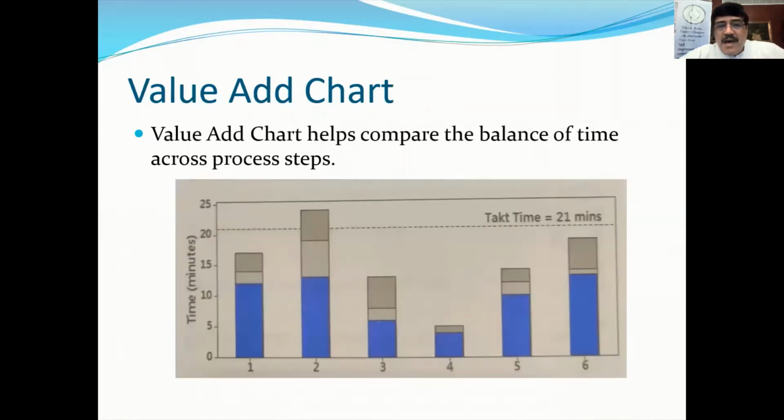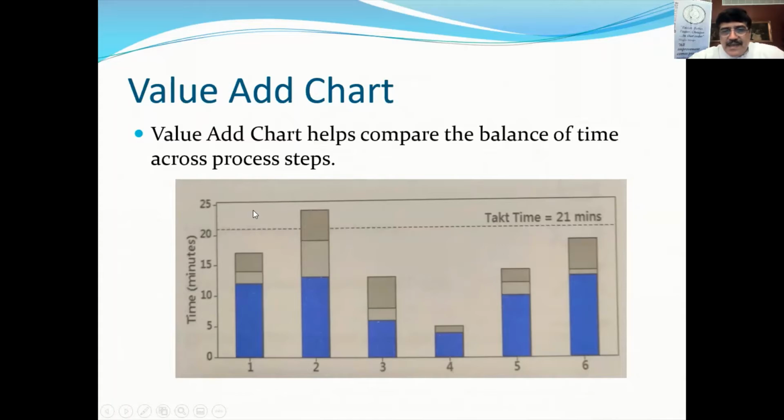There is the value add chart. A value add chart basically helps you compare the balance of time across processes. Let's say you have this process with these steps, and this step is being handled by me, this by Dr. Fayyaz, this by Dr. Hawra, and so on.